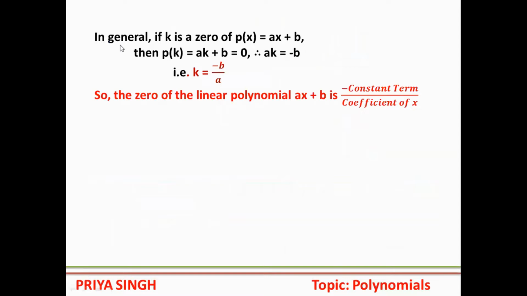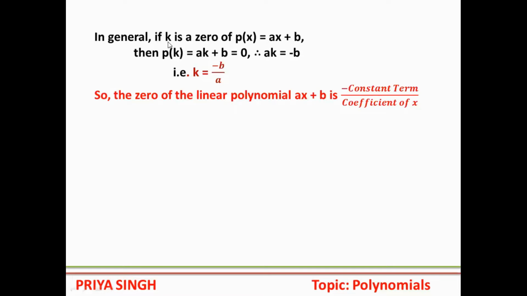In general, suppose k is the zero of p of x, which is given as ax plus b. As you can see, students, ax plus b is nothing but a linear equation. Why linear? Because the degree is 1.